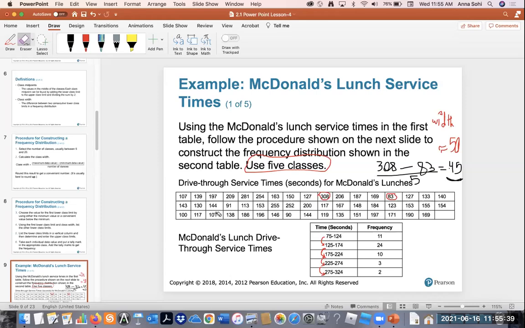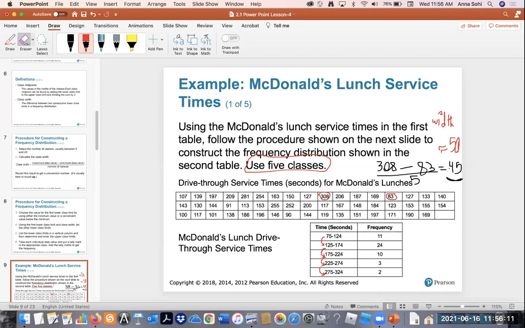And since they are whole numbers, I don't go 124.99, because even if I say 124, it's going to cover it. These are whole numbers, so I don't need decimals. What is before 175? 174. What is before 225? 224, and so forth. That's how you design the upper. If there were a next class here, that would have been 325, so one before that is 324. Are we set so far?